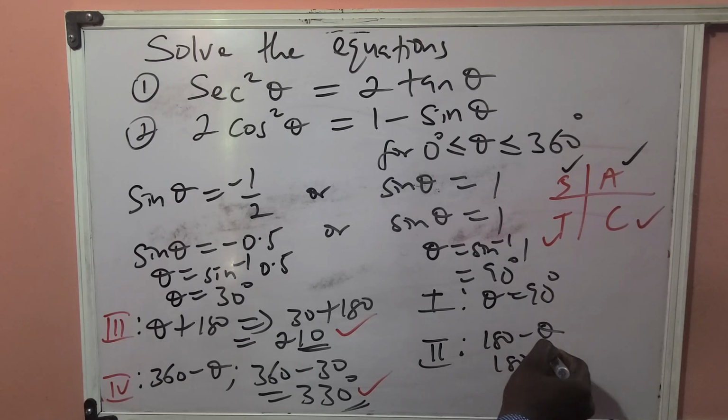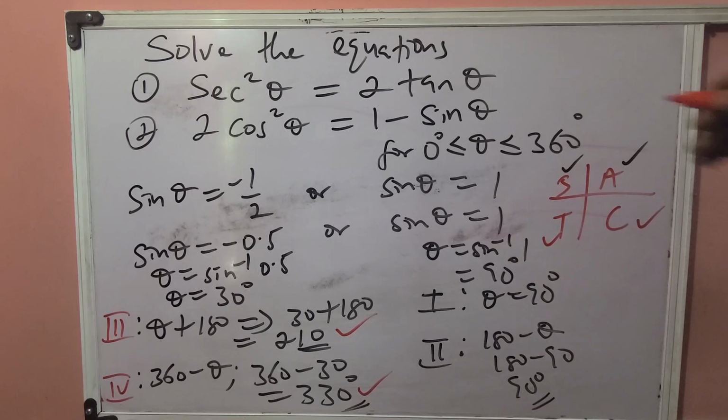That is 180 minus 90, that is 90 degree. So obviously, you can see that our final answer for this particular question, that's question number 2, is that our theta is 90 degree. That happened twice, and 210 degree and 330 degree. So that will be the final answer for this particular question number 2.